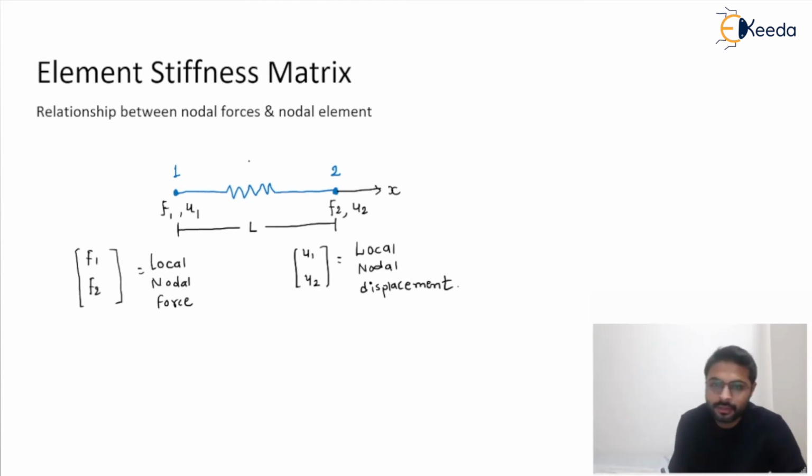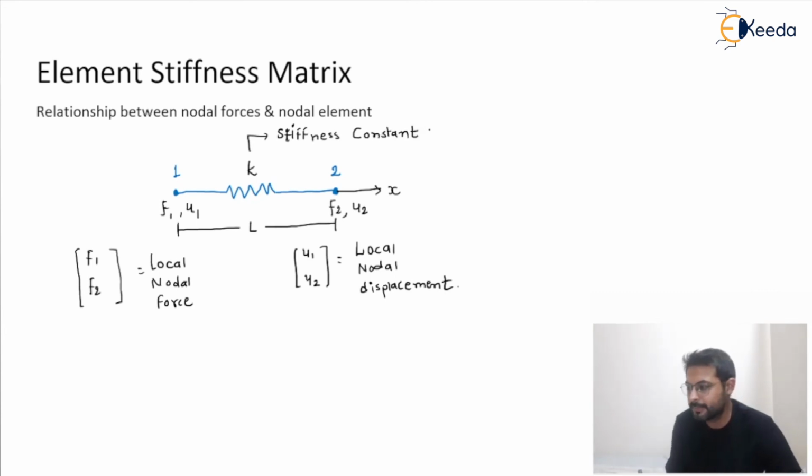Let's say the element has a stiffness that is denoted by K. K is nothing but the spring constant or stiffness constant, also known as the stiffness of the spring element.